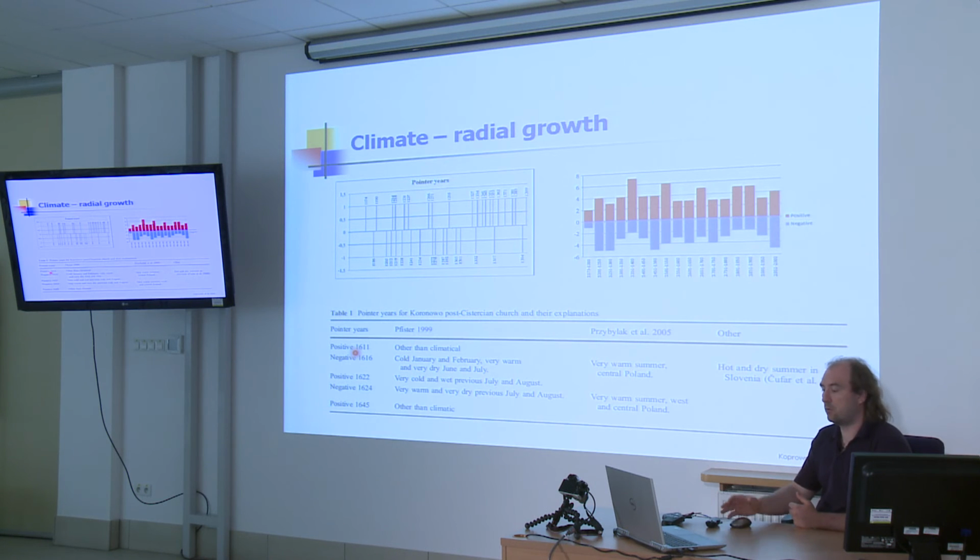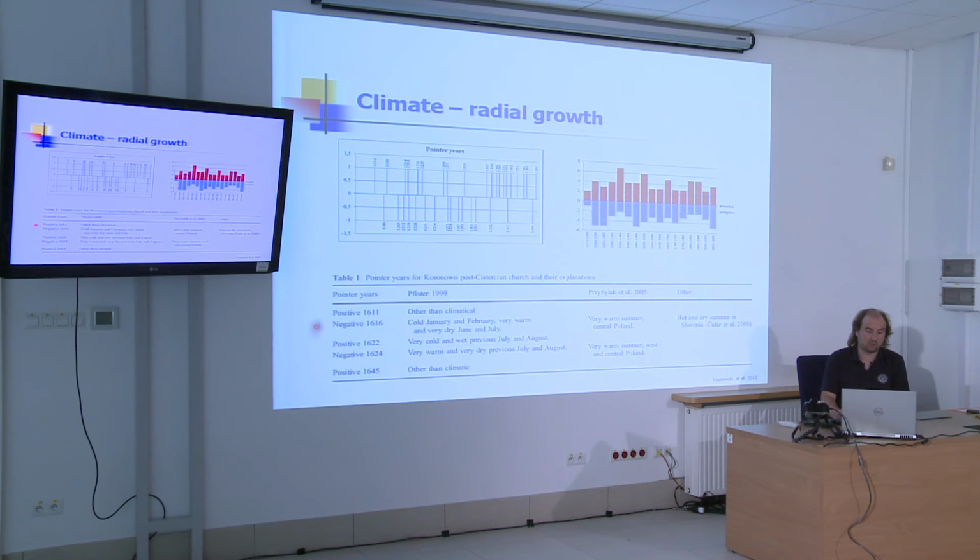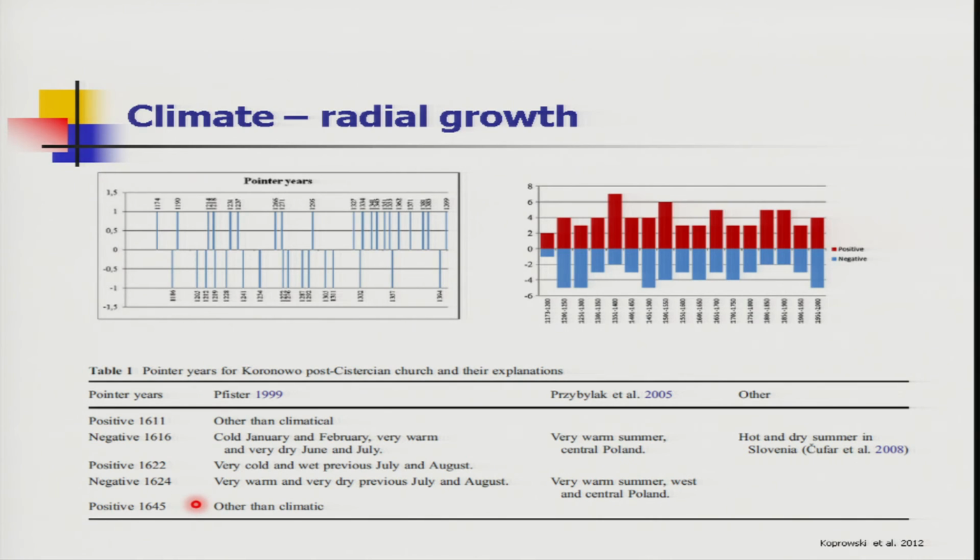If we determine the pointer year, so we know the year and the character, whether it's positive or negative, we can check in the other sources if it's distant past. As you can see here, we've got years from the 17th century. So no climate record is available for this.